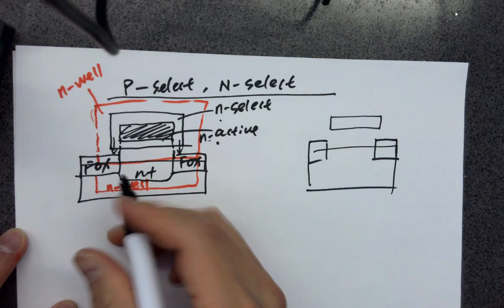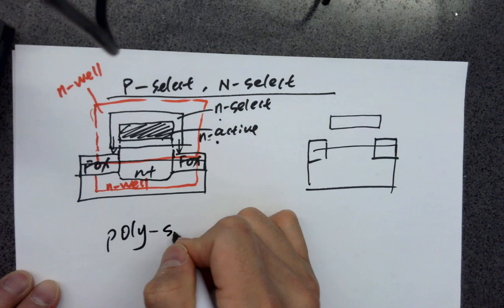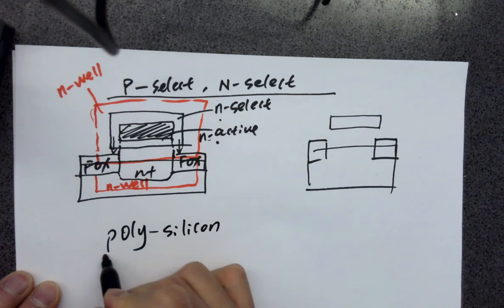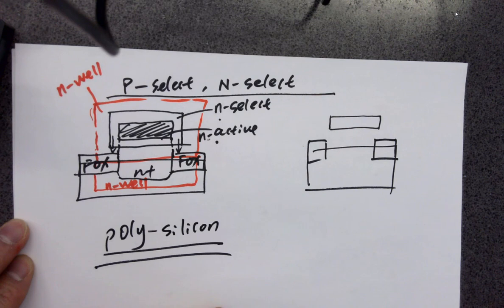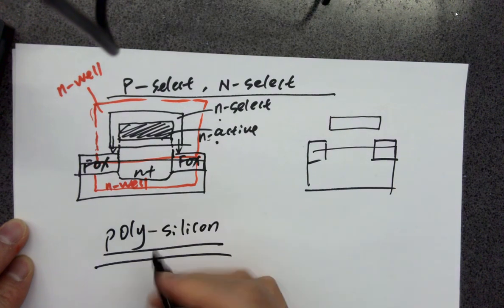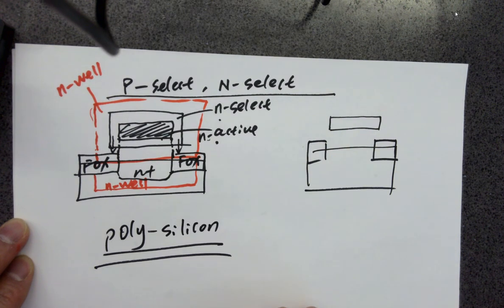Let's move on to the polysilicon layer, poly, for the gates. For this part, I think first we need to know there's a gate oxide. If I draw it here, N plus, poly.